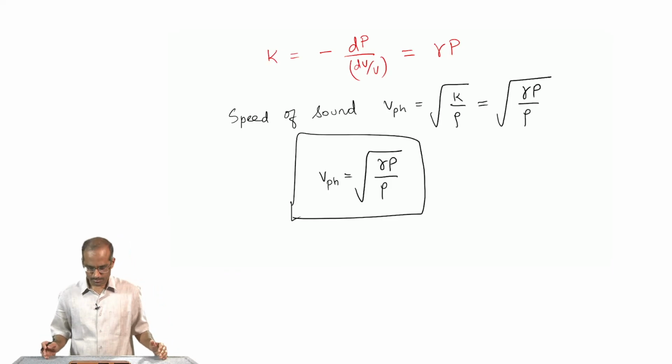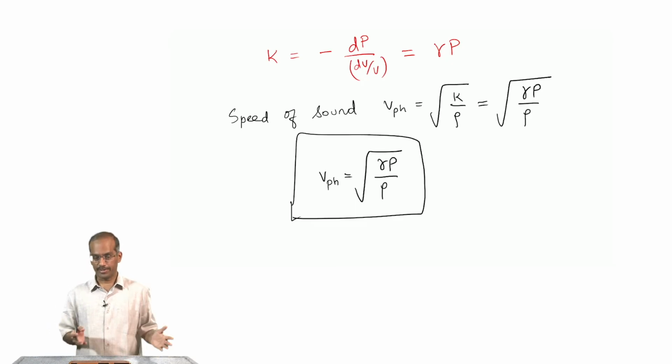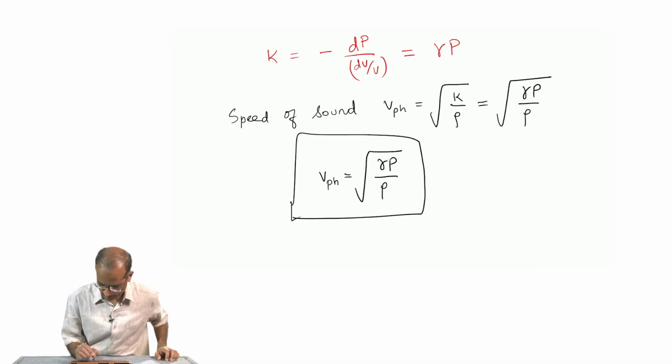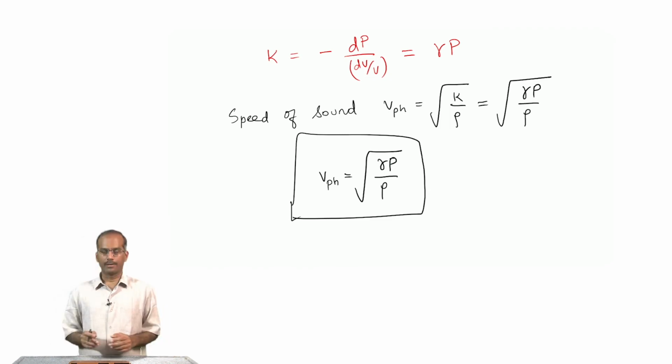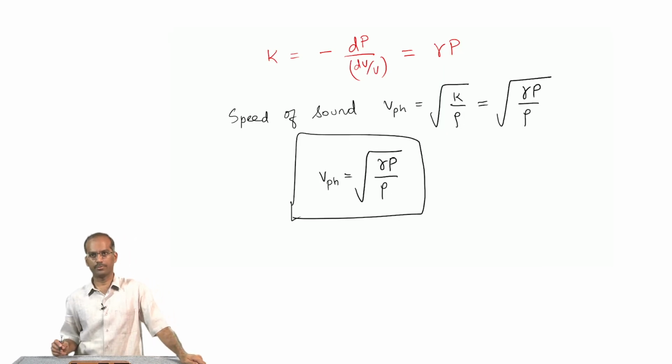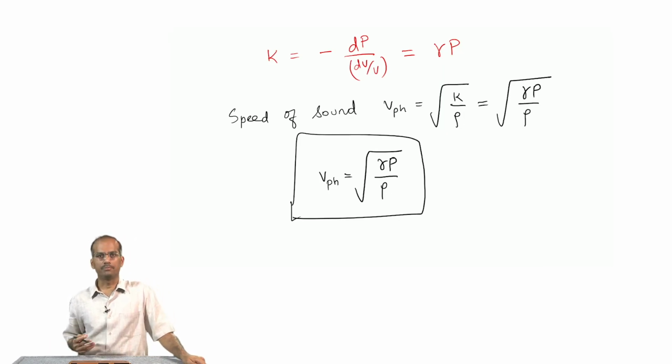As you can see, or at least the way it appears, the velocity of sound seems to be proportional to pressure and inversely proportional to density.